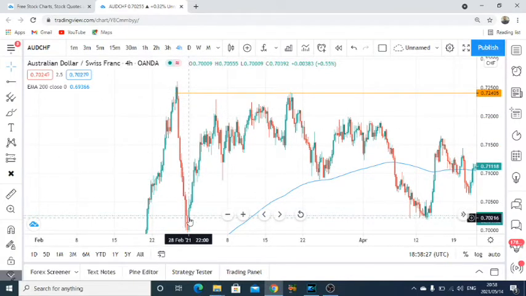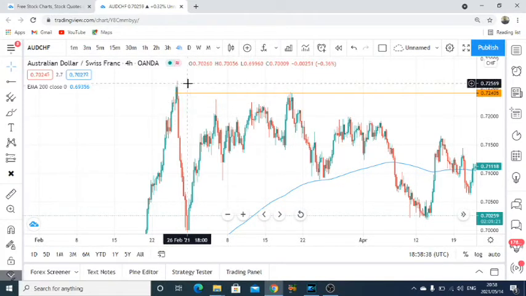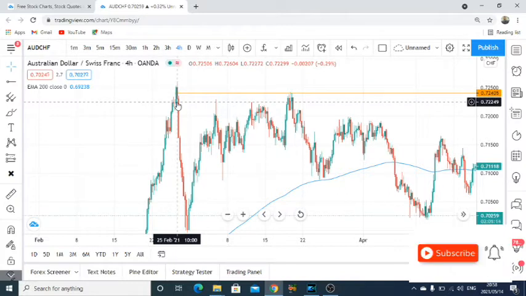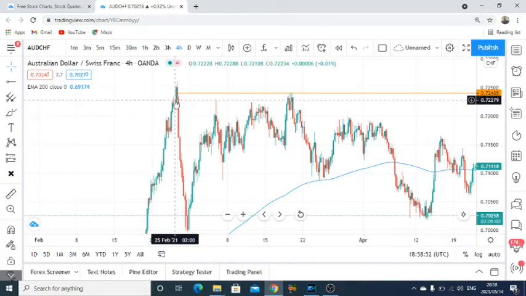So this last candle was the candle that they created just to give hope to the retail traders that the market is going to continue to go up. So they open their orders here, on this bullish candle.